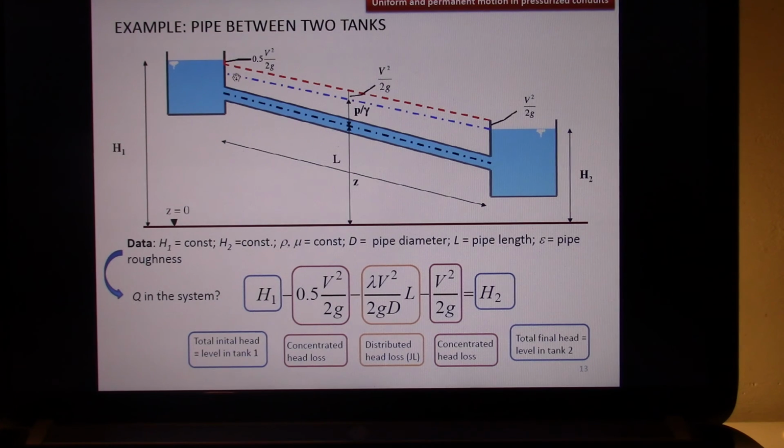So basically this is described by this. And if you decrease this quantity right here of the kinetic height, you obtain exactly the blue line, which is your piezometric head.